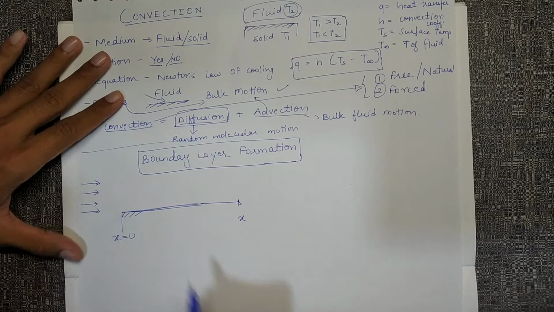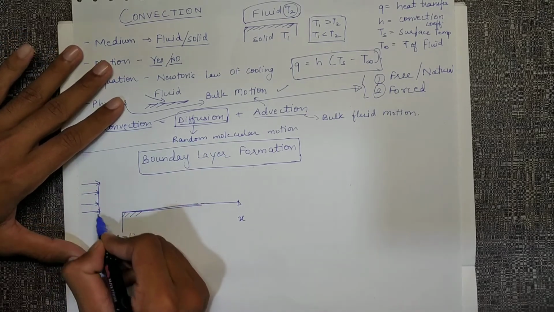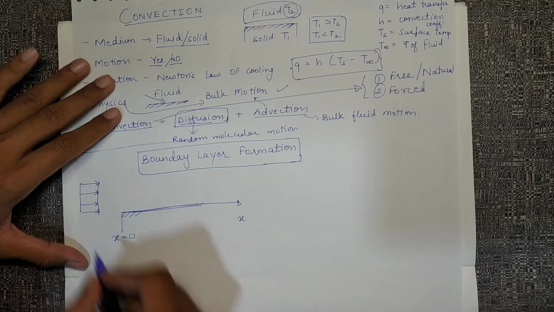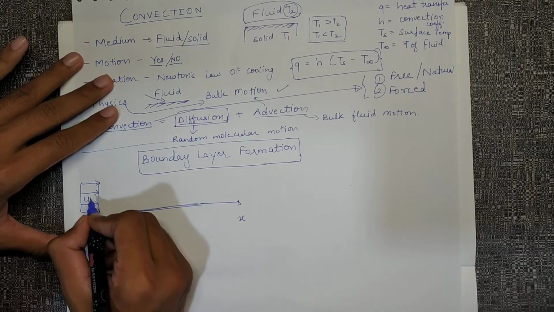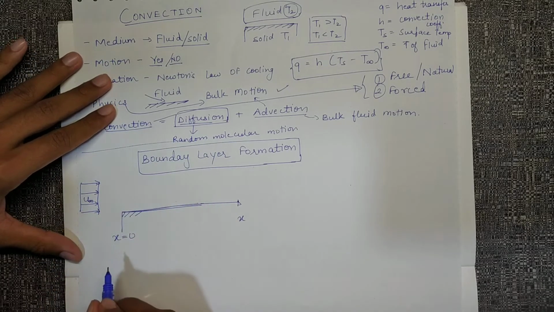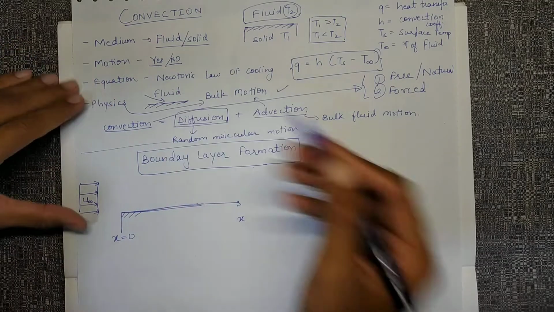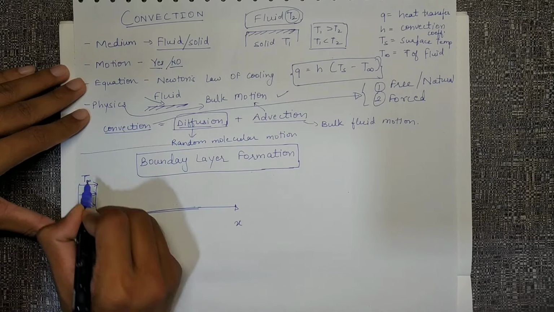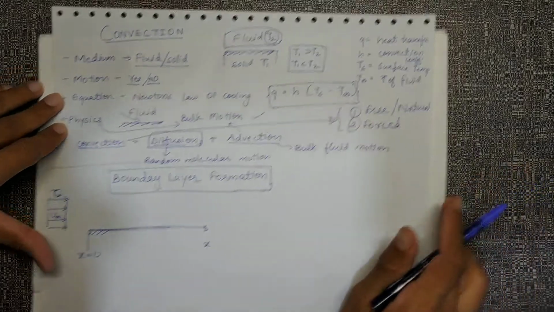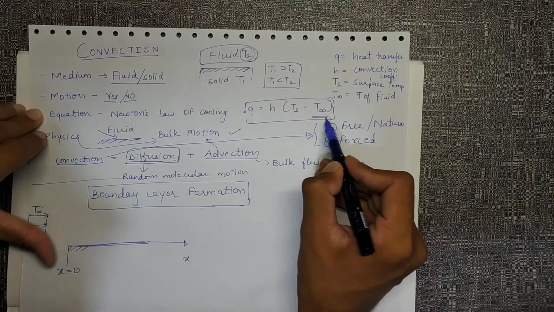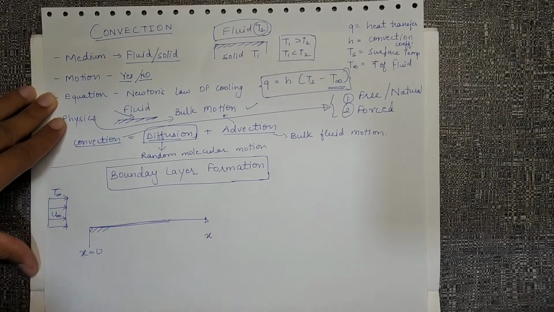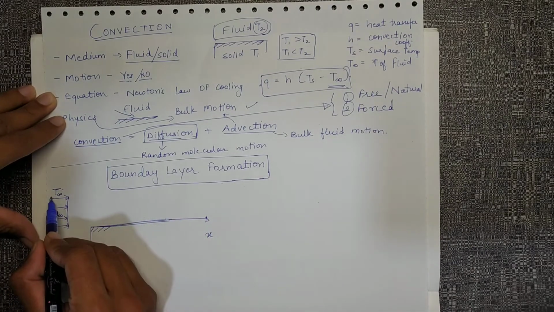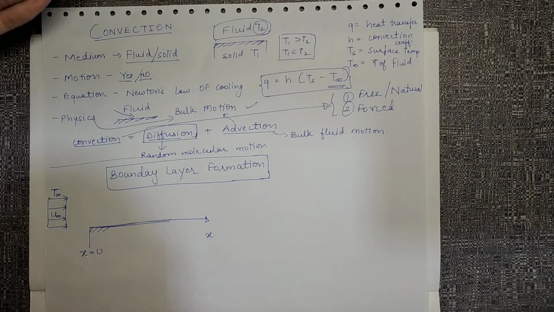When I draw it like this, it means that the fluid has a uniform velocity u, or u infinity. And when we are understanding it with respect to heat transfer, let it also have a temperature T infinity. So that was what I said as a reference when we were using Newton's law of cooling also. The T infinity was the temperature far upstream from the surface.